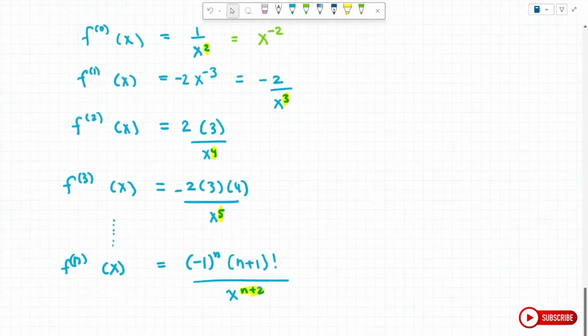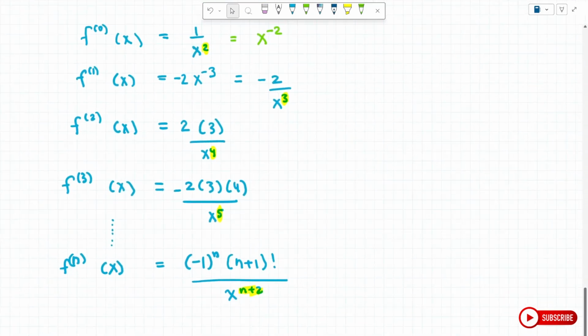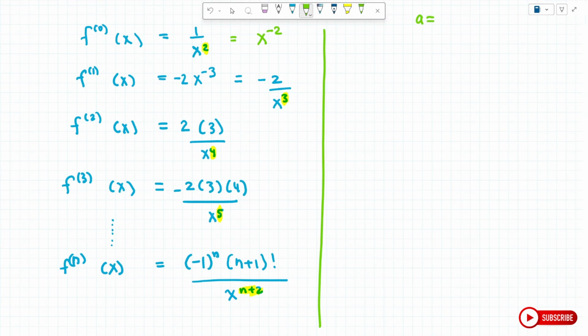So now we have that nice general formula which shows us what the nth derivative of f is. Now what we want to do is evaluate it at our point a, or x equals negative 1, because that is the point that we are going to be putting into our Taylor series. So let's go ahead and do that.